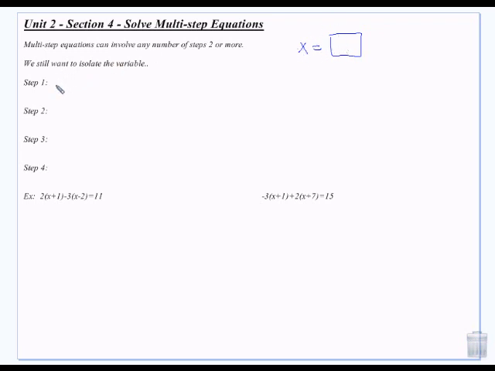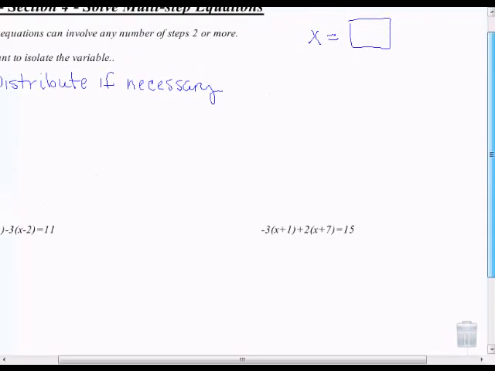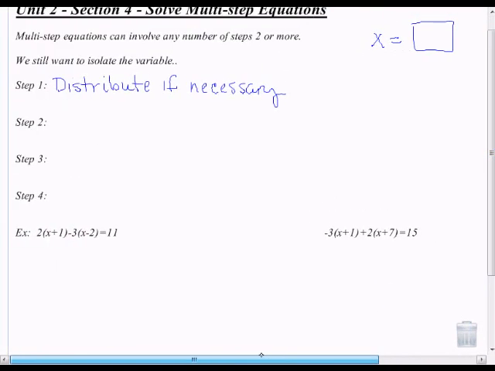In a multi-step equation, the first step is going to be to distribute if necessary. Now, it is not always necessary, but if you see this, you're going to know that you need to distribute.